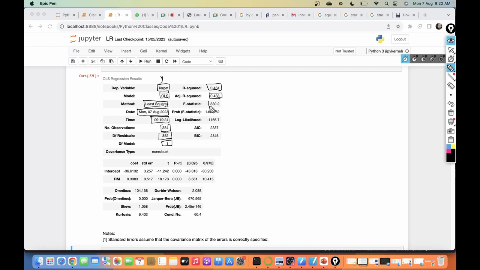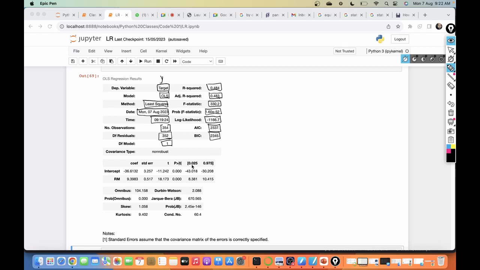This is the F statistic, this is the probability of the F statistic. This is log likelihood. This is the AIC information criterion, and this is BIC. We'll discuss each of these things in detail.